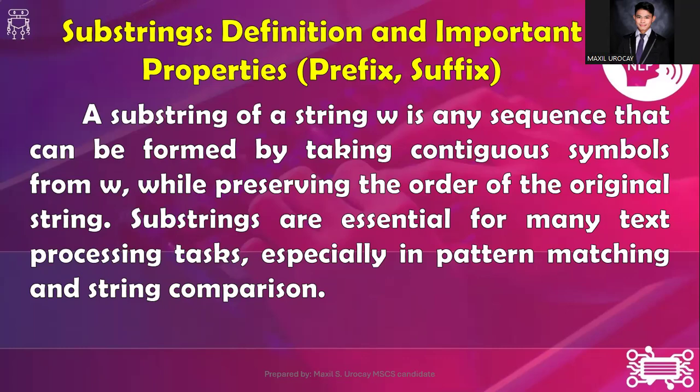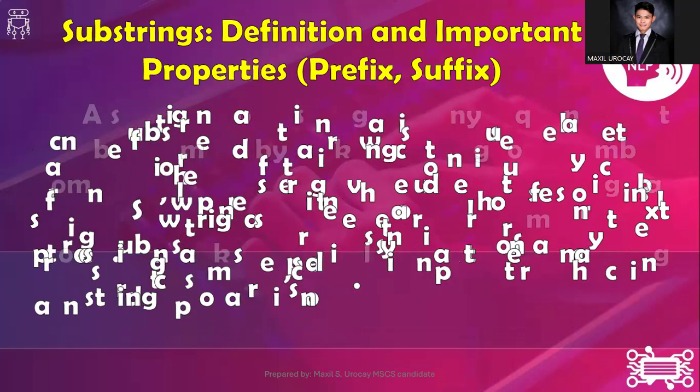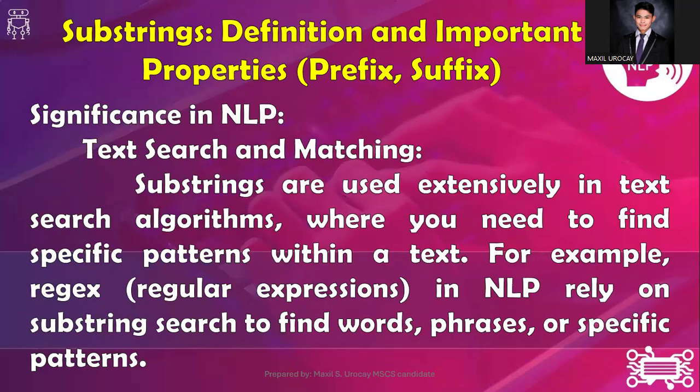So, the significance of this field when it comes to NLP is text search and matching. Substrings are used extensively in text search algorithms where you need to find specific patterns within the text. For example, regular expressions in NLP rely on substring search to find words, phrases, or specific patterns.